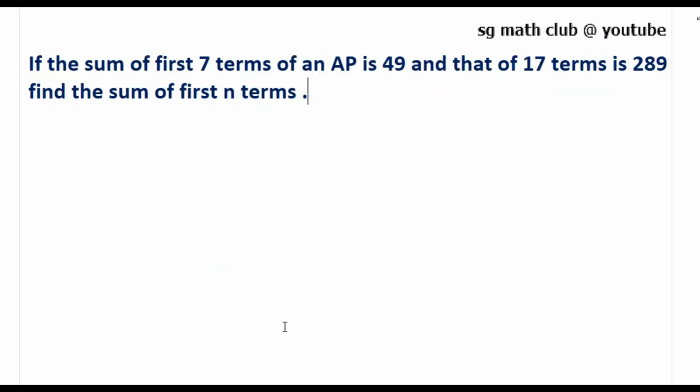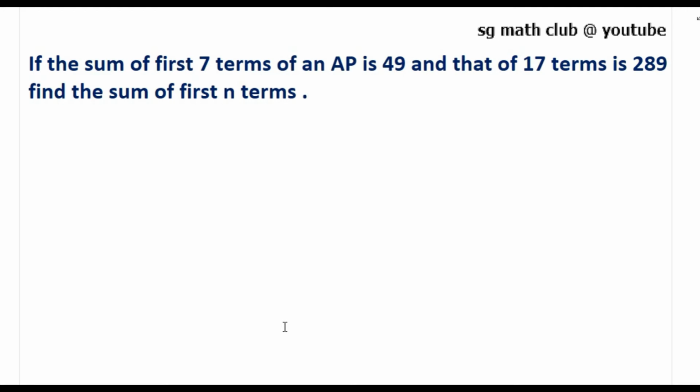Next question, if the sum of first 7 terms of an AP is 49 and that of first 17 terms is 289, find the sum of first n terms. So they have given S7 as well as S17. So we need to find out the sum of first n terms of AP.